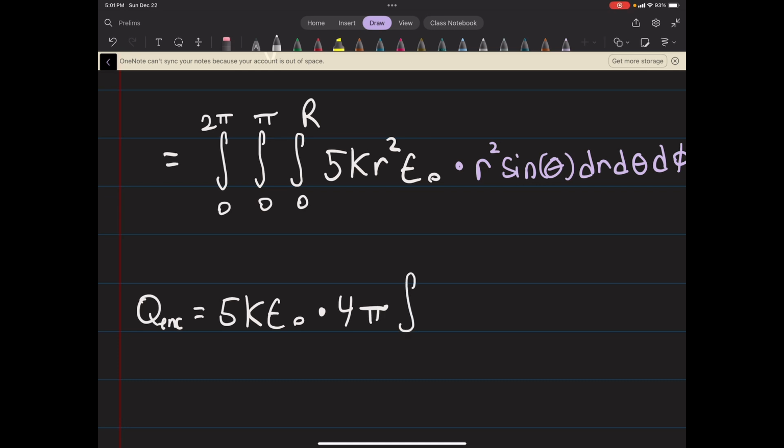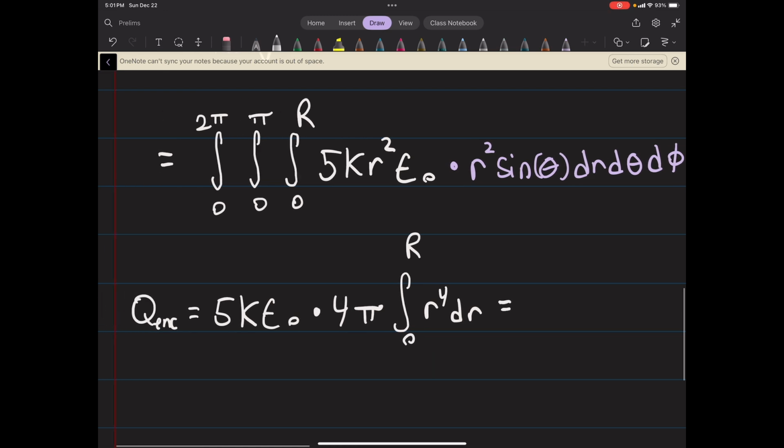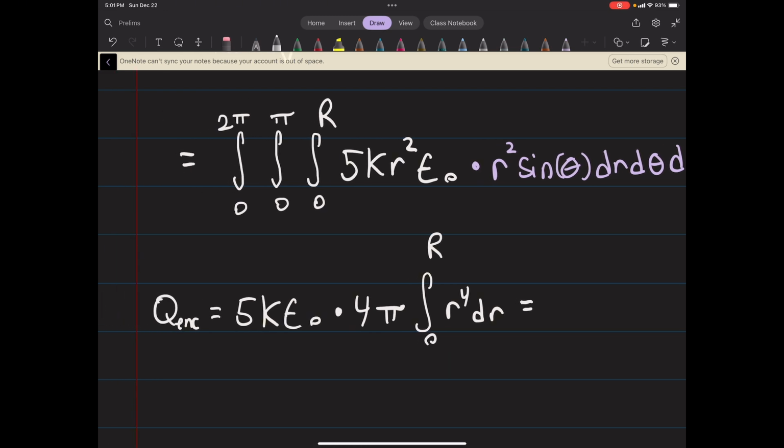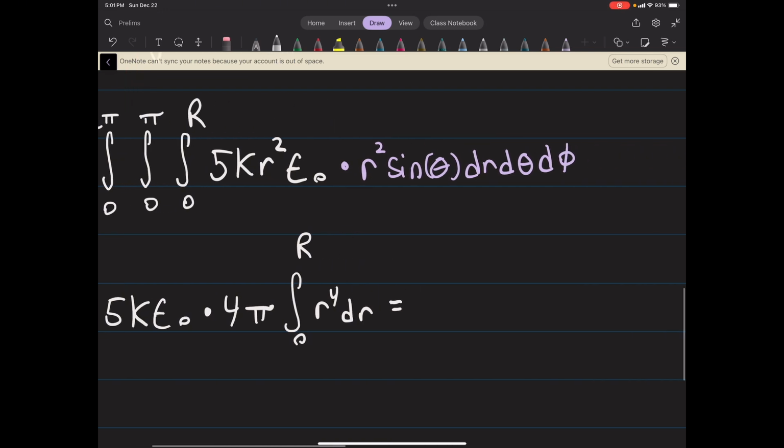And then the integral from 0 to r of r to the 4th dr, that's just 1 over 5 r to the 5th. So the 5 will drop out there, and you'll have 4k pi epsilon naught r to the 5th. So that's one way to do it.